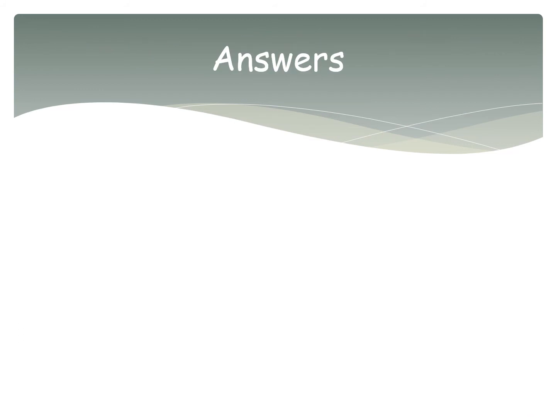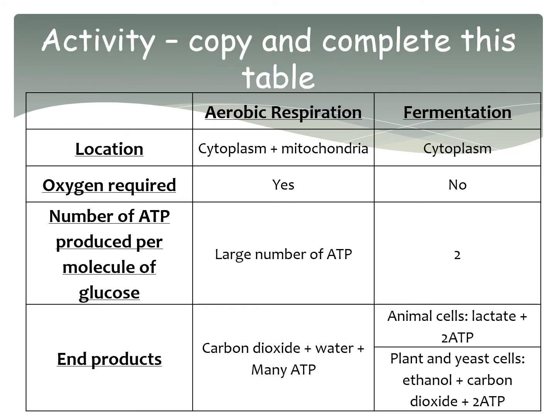So the answers are, for the location of aerobic respiration, we should have got cytoplasm and mitochondria, and for the location of fermentation, it should be cytoplasm. For is oxygen required, it should be yes for aerobic respiration and no for fermentation. The number of ATP produced per molecule of glucose should be large numbers of ATP for aerobic respiration and 2 for fermentation.